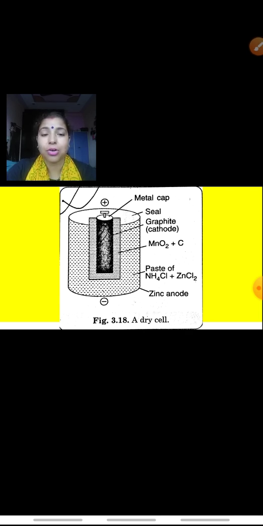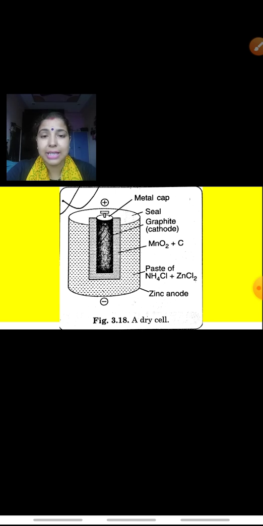This cathode is a rod of graphite, an allotrope of carbon. The rod is surrounded by manganese dioxide and carbon powder in order to have a difference between the two. And the electrolyte is the paste of ammonium chloride and zinc chloride. Ammonium chloride and zinc chloride are the electrolytes.